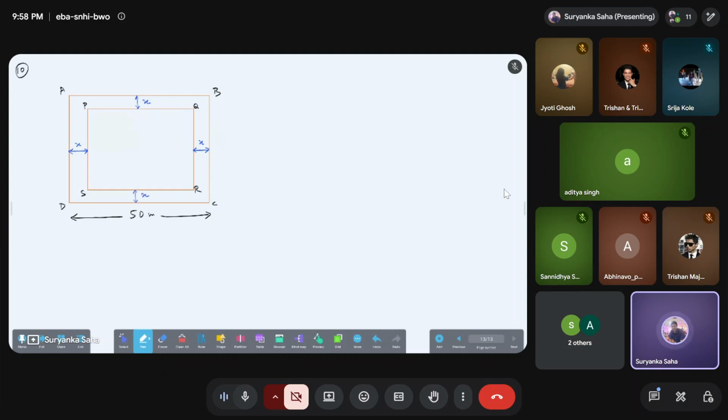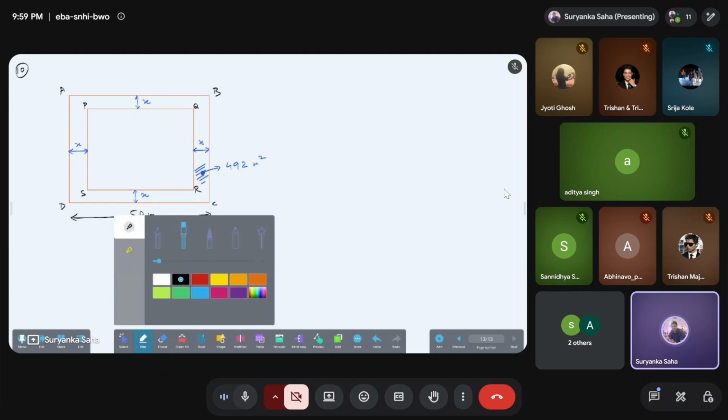So you need this path area, the path running all around. This path area is 492. This portion is 492 meters square. Are you getting now? Okay. So this width is, let me draw the width, it is 38.